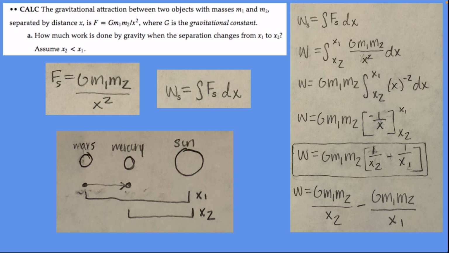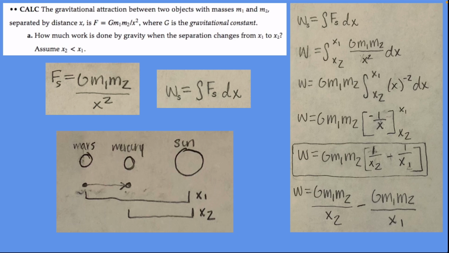And when I plug those in, I get that the work done by gravity when that separation changes from x sub 1 to x sub 2 equals the gravitational constant times m1 times m2 times 1 over x sub 2 minus 1 over x sub 1.